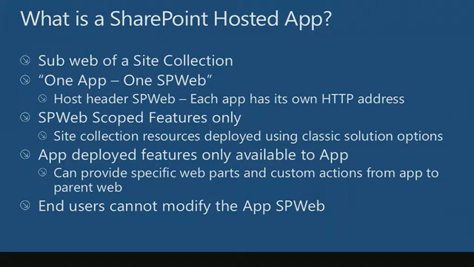Within the applications, we can still have scoped features, but they're constrained to the scope of the app web. If you've got an application that deploys features, those features are only available to that particular application.